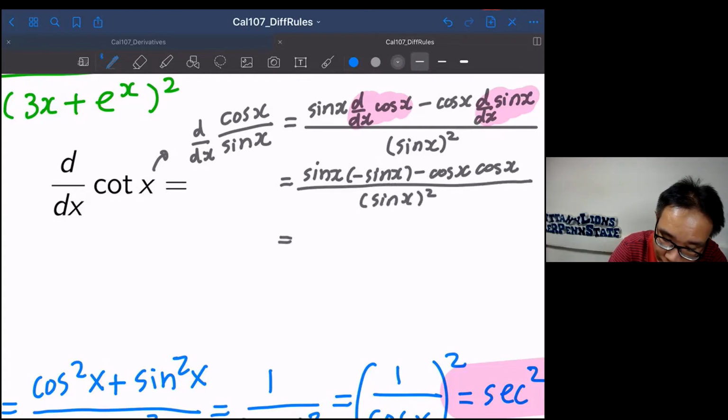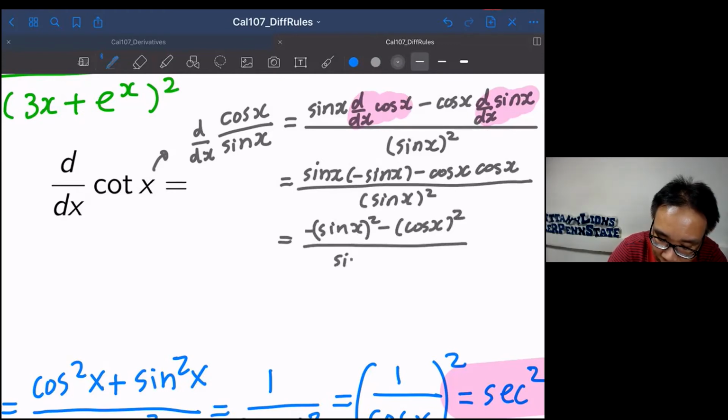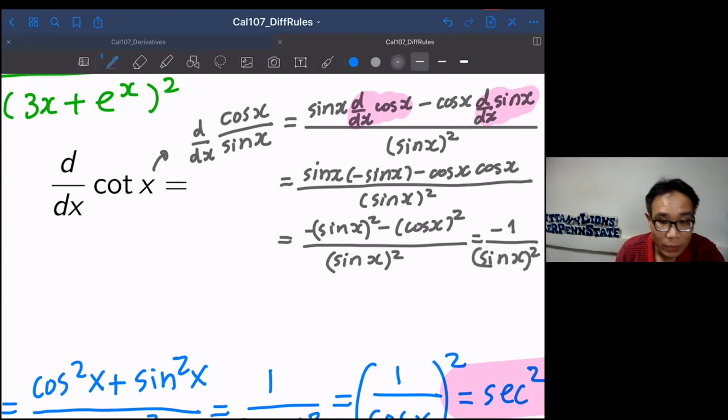So this becomes negative sine x squared minus cos x squared over sine x squared. And you see that on top, this becomes negative 1 over sine x squared.